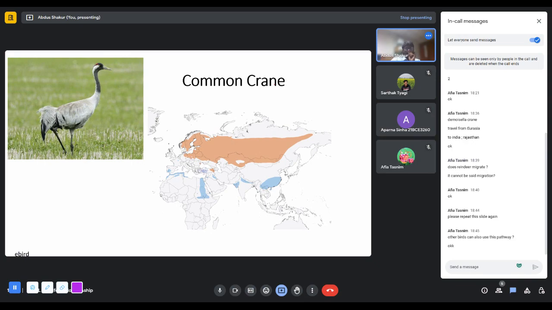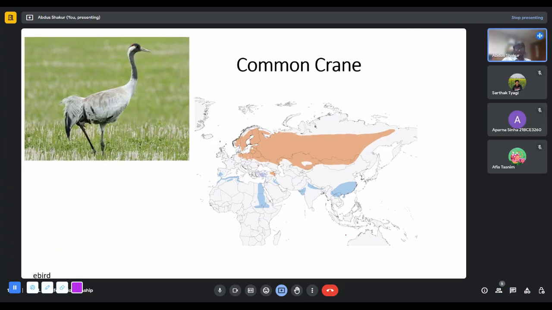So let's see some latitudinal migration, especially that which comes into the Indian subcontinent. If you look at this example, this is a common crane. It breeds in the majority of the Palearctic region, and then at least some of this chunk of population winters in the Indian subcontinent and China, and then this population might go here.